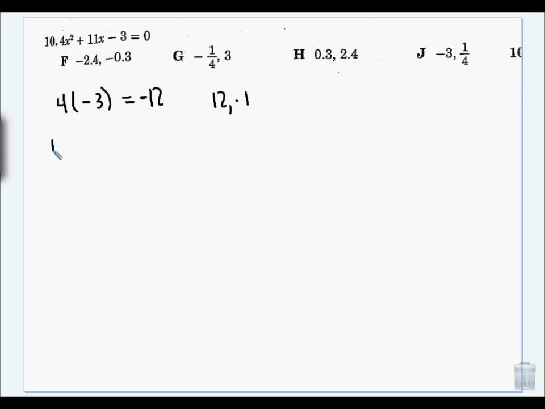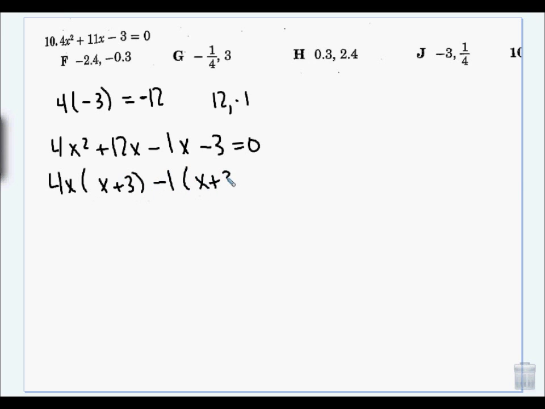So I could factor this. I can say 4x squared plus 12x minus 1x minus 3 equals 0. And factor 4x, so I get x plus 3, and I can factor out a negative 1 to get x plus 3.